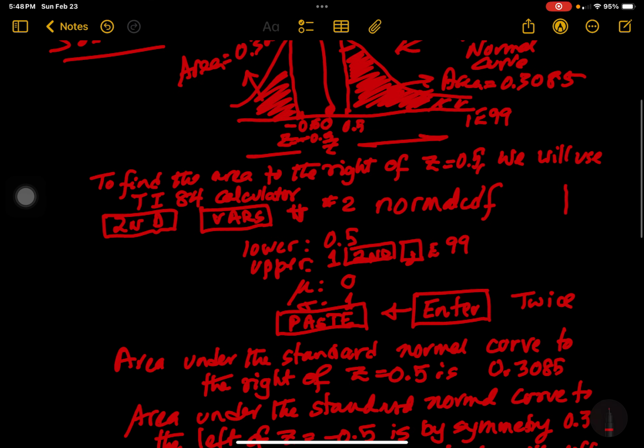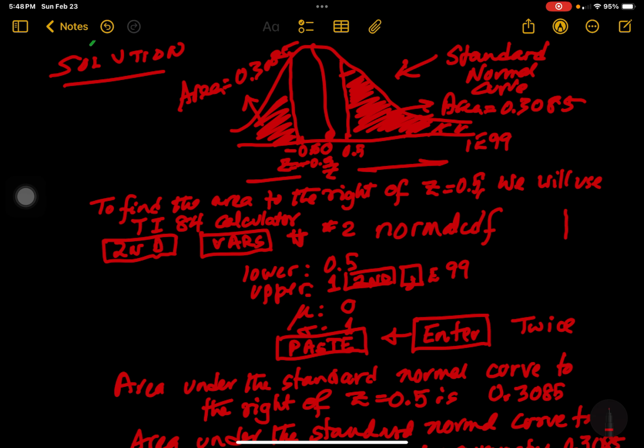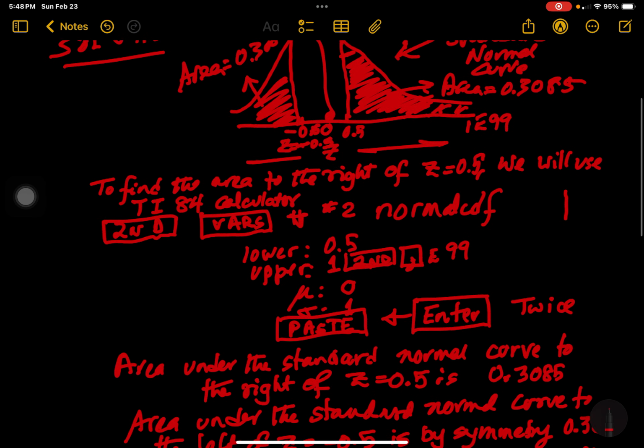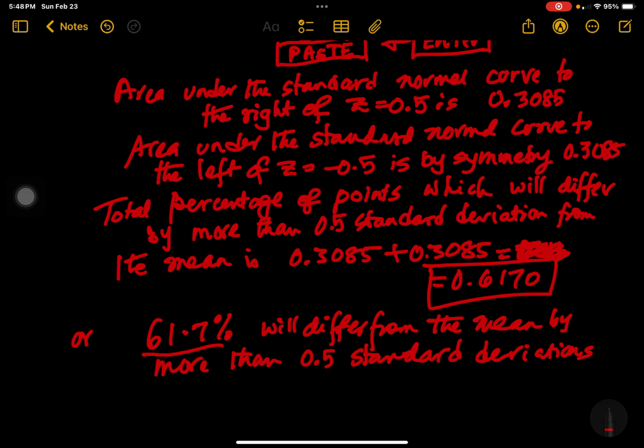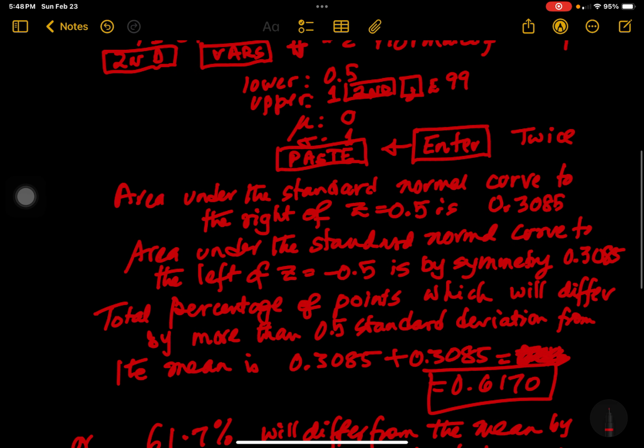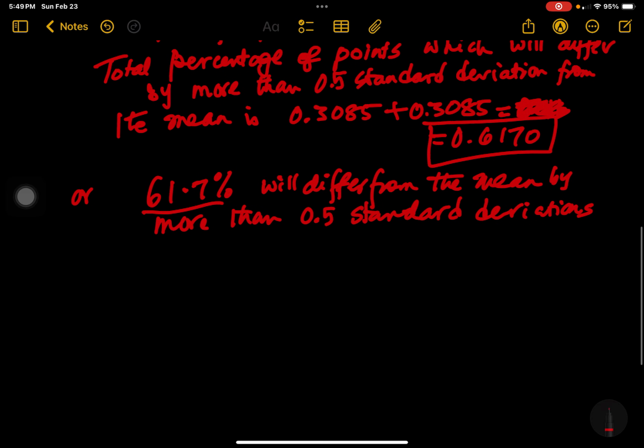There's an equivalent area on the left of z equal to minus 0.5, which should also be 0.3085 because of symmetry. So the total percentage of numbers which will differ from the mean by more than half standard deviation is 61.7%.